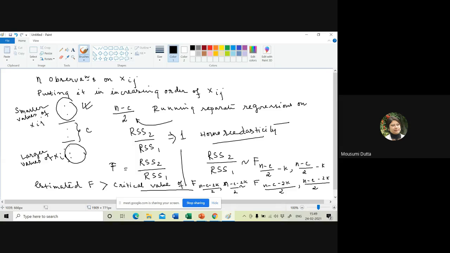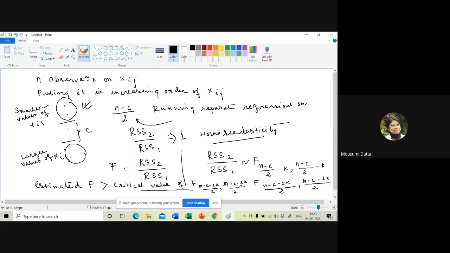However, the main problem of this particular test is how we will count the C central observations. Suppose you have 100 observations. When you are dropping C central observations, you may drop 20 central observations, I may drop 25 central observations. So the question of subjectivity is coming.